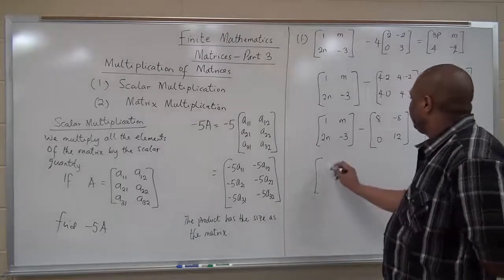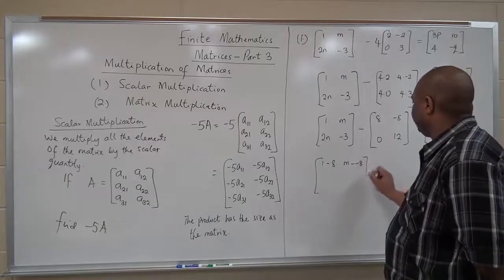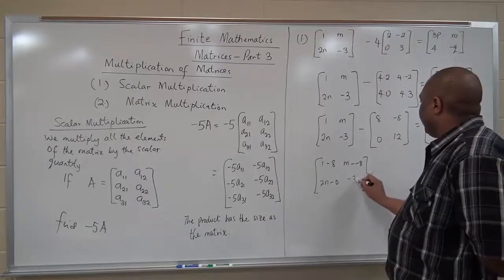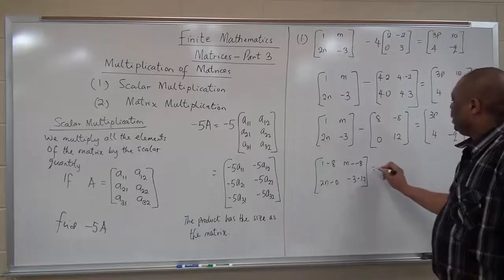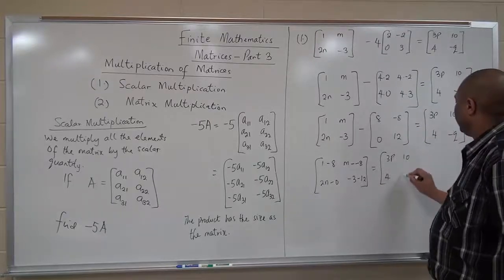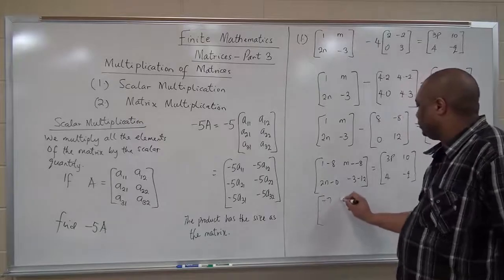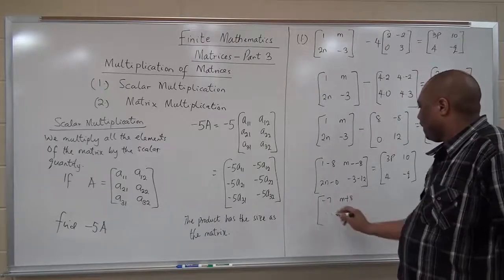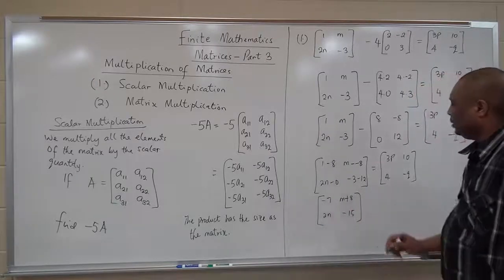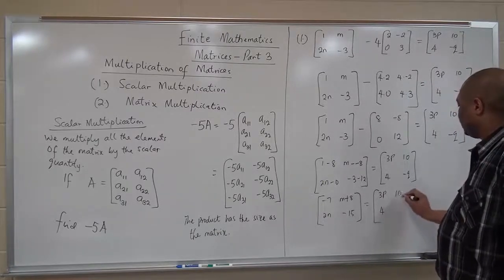We now subtract: 1 minus 8, m minus negative 8, 2n minus 0, negative 3 minus 12. This becomes negative 7, m plus 8, 2n, negative 15, equal to 3p, 4, 10, negative q.